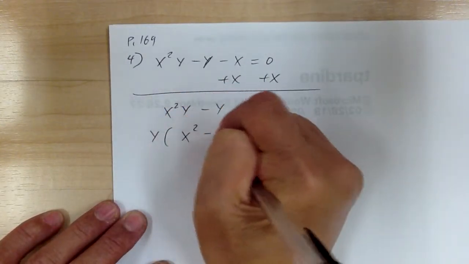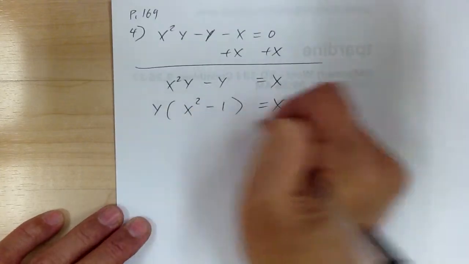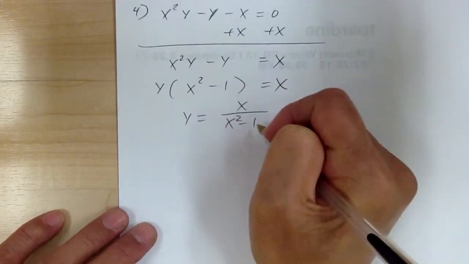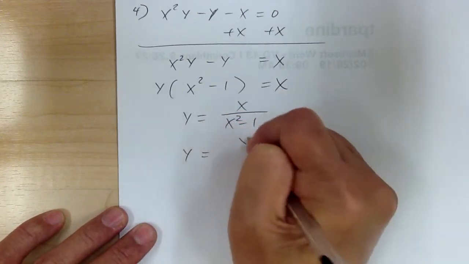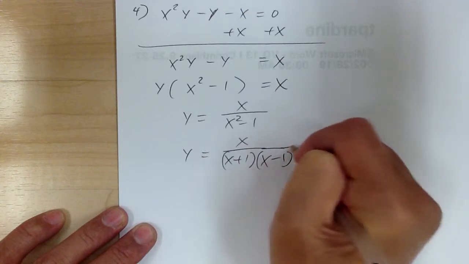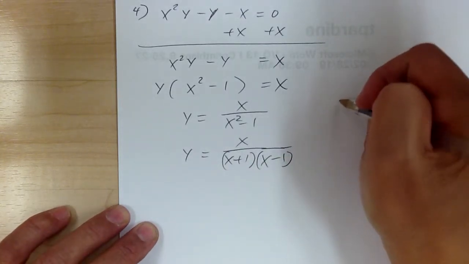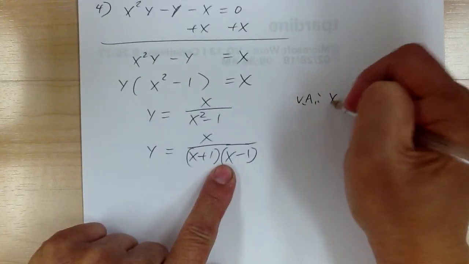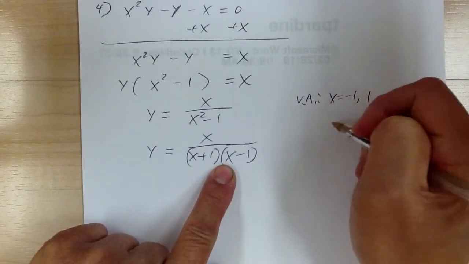So you got y times x squared minus 1 equal to x. Divide. So you got y equal to x over x squared minus 1. And then go and factor. So your vertical asymptote, you get it from here, so you're going to have x equal to -1, +1.